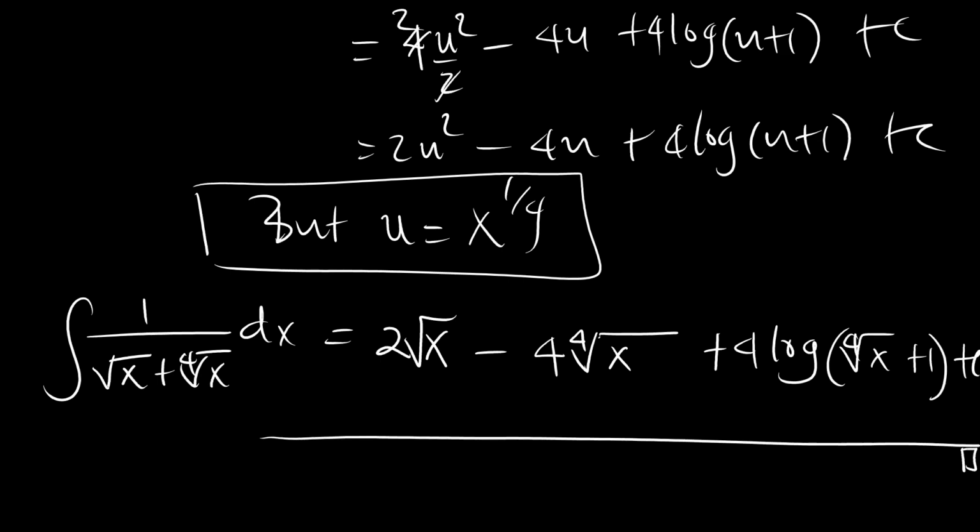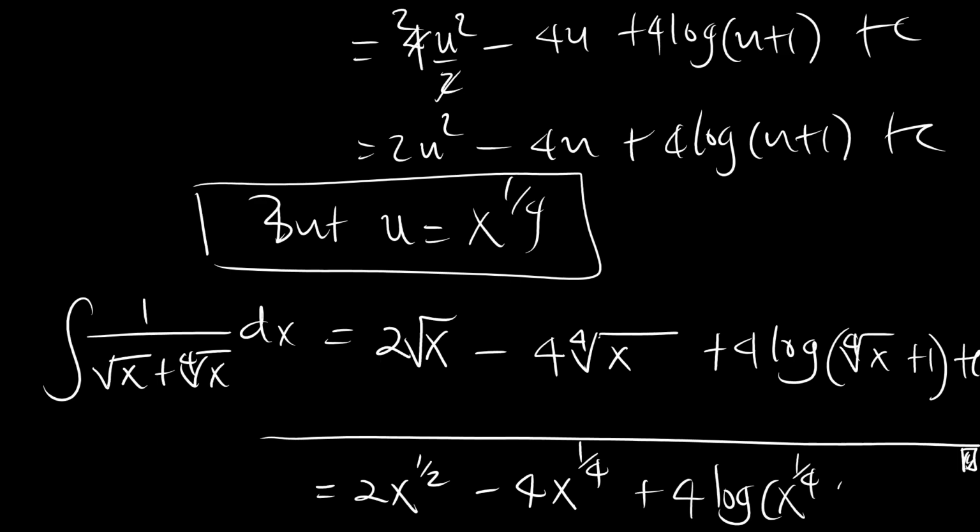And that is the answer. We just say 2x to the half, minus 4x to the quarter, plus 4 log of x to the quarter plus 1, plus the integration constant.